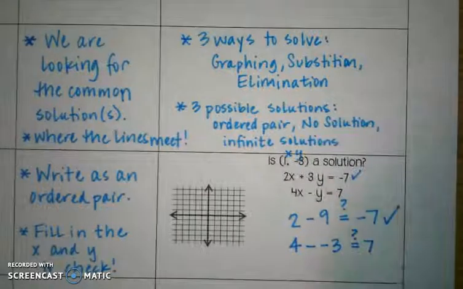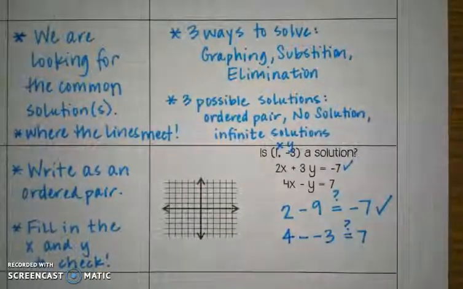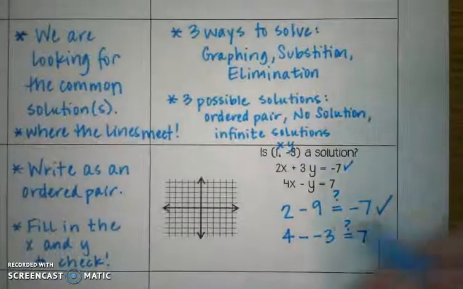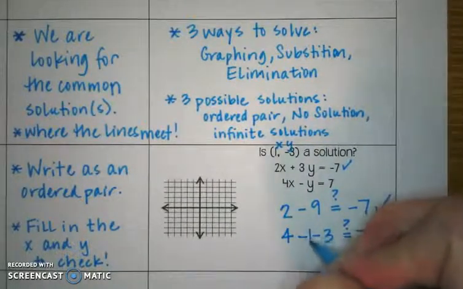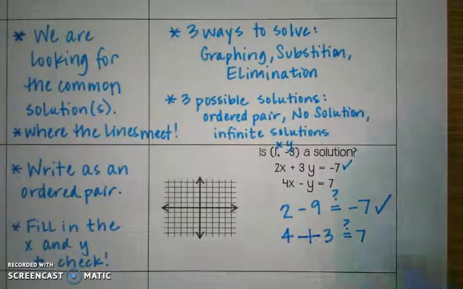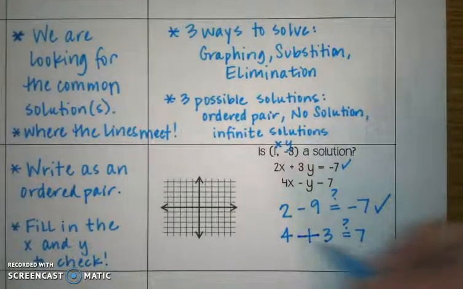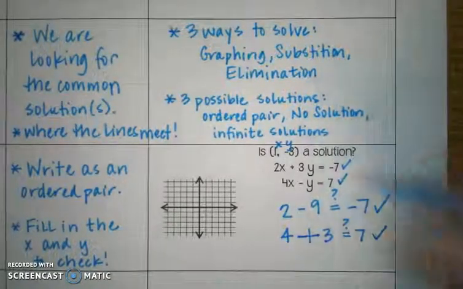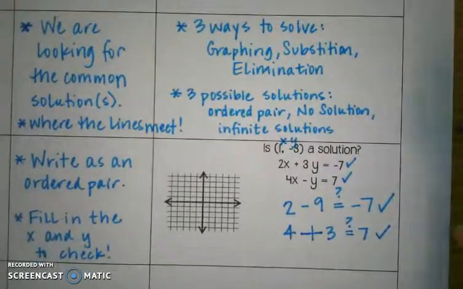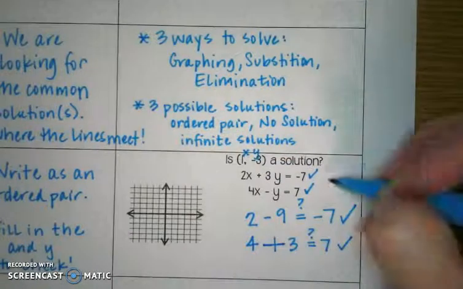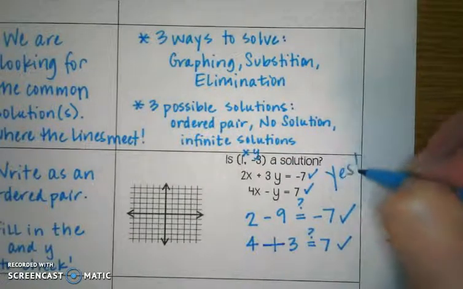So what we want to know is if 4 minus negative 3 is equal to 7. Well, we remember hopefully from previous years that becomes 4 plus 3. So 4 plus 3 is 7. So yes, that one works in that problem as well. So is this a solution? Yes, it is.